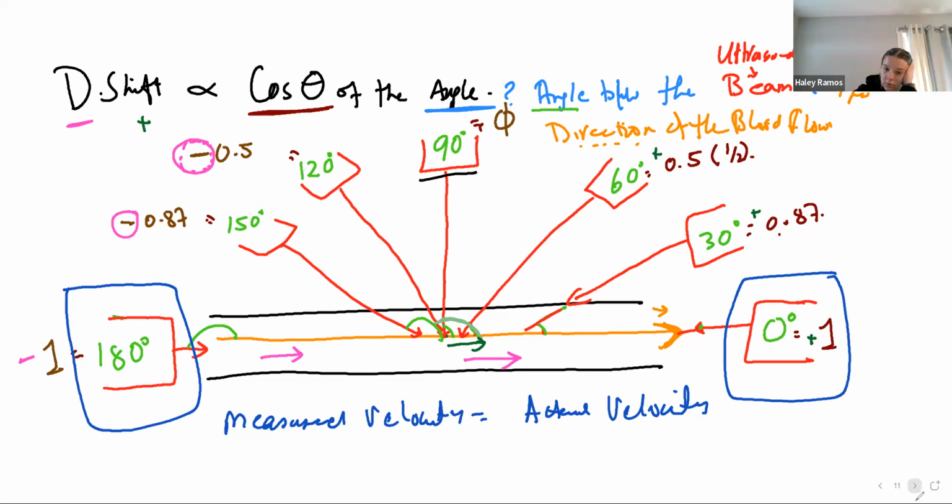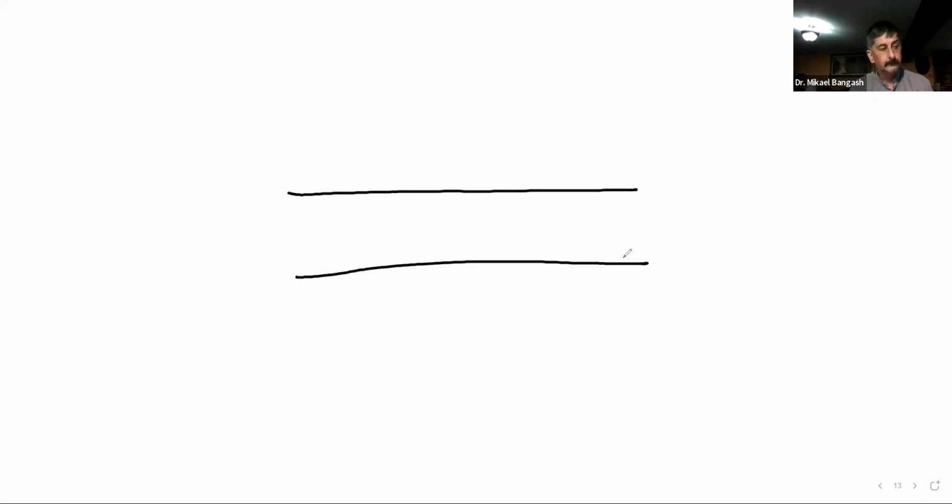So we can mainly say, if this was your blood vessel, do you agree that this is a blood vessel?